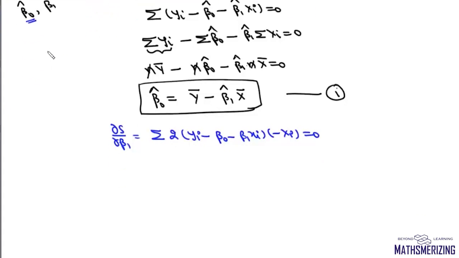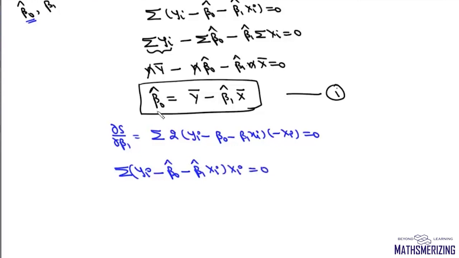So we can actually write this as this summation yi minus beta naught cap minus beta 1 cap xi into xi, and it will be equal to 0.